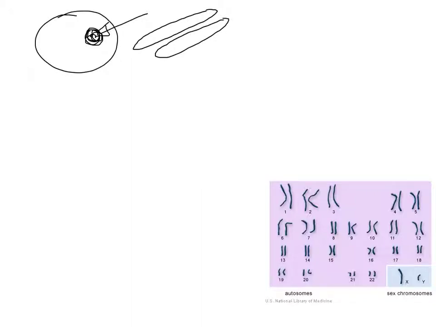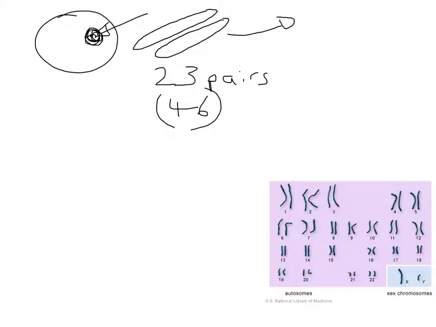Now, in every human body cell, we have 23 pairs of chromosomes. In other words, there are 46 chromosomes in every body cell. Now, all chromosomes are just coiled up DNA.